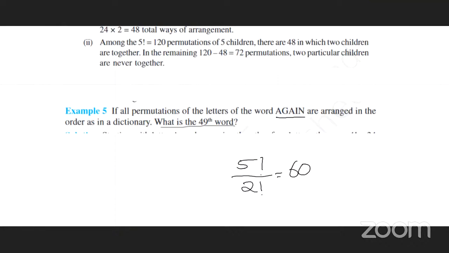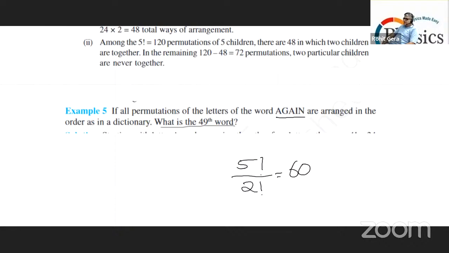A-A-G-I-N will be the first in dictionary. Then A-G-A-I-N. What is the total number possible? 60. You have to tell the 49th as will appear in the dictionary.